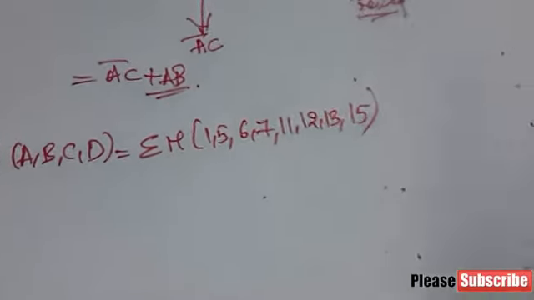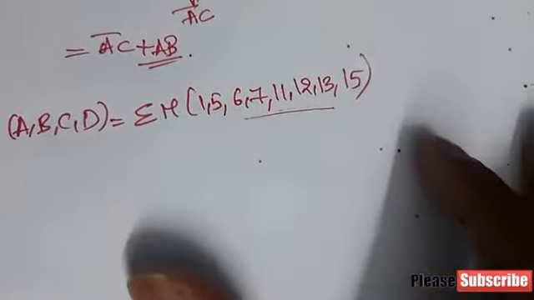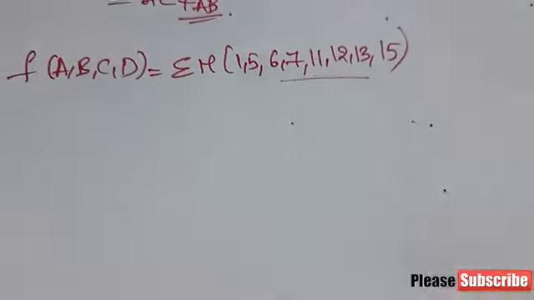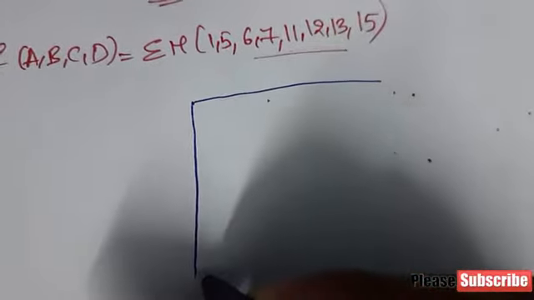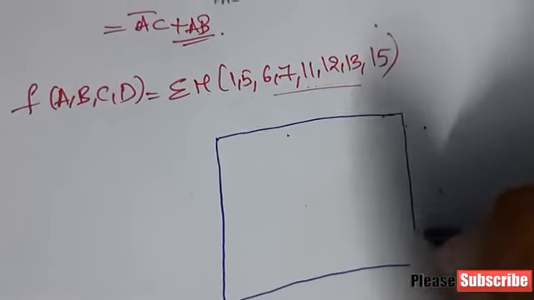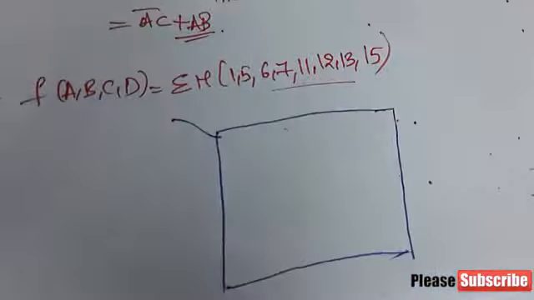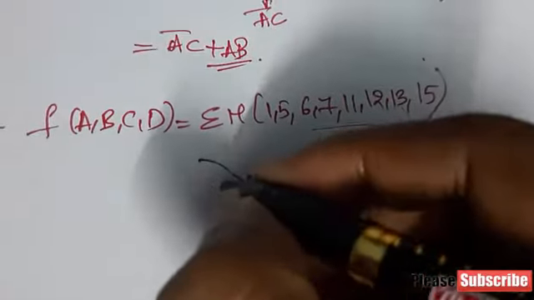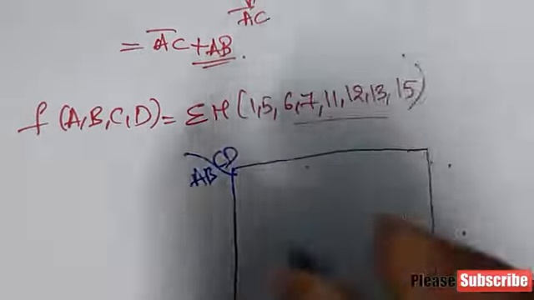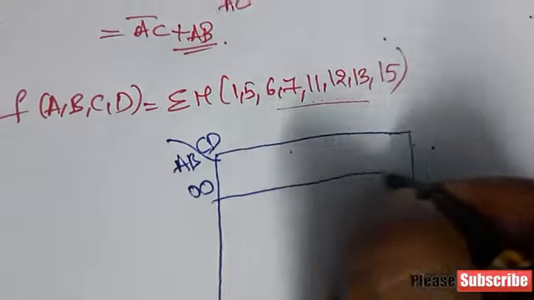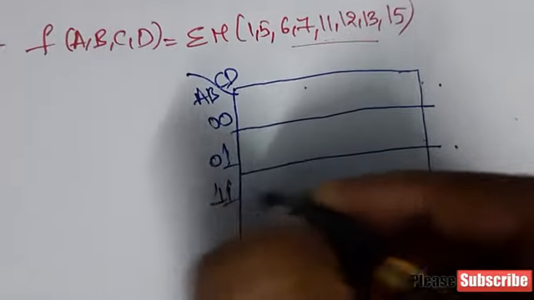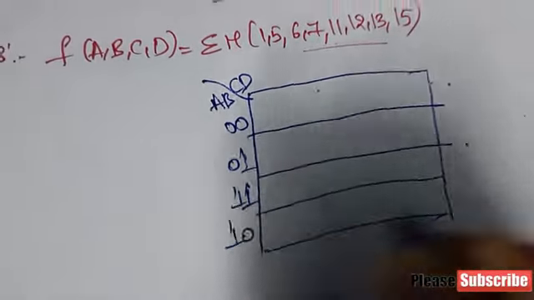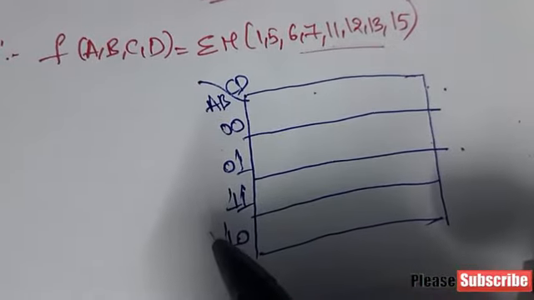Let's represent this question in the K-map. You already know how to represent the numericals in the K-map, right? This will be AB, CD with 00, 01, 11, 10. This will follow the gray code sequence, right?